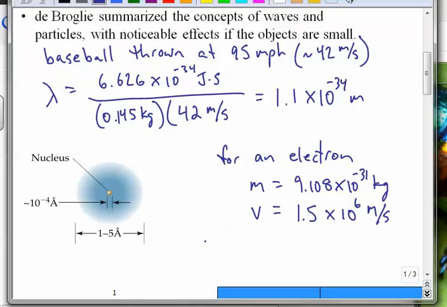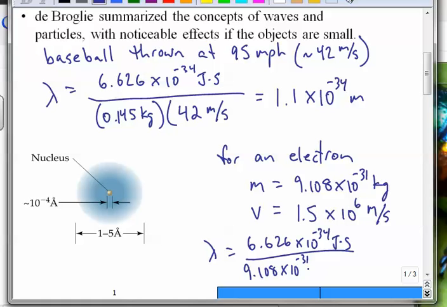When we calculate lambda for this electron, we again put Planck's constant, 6.626 times 10 to the minus 34 joule seconds, and we divide by that mass, 9.108 times 10 to the minus 31 kilograms, and its speed, 1.5 million meters per second.